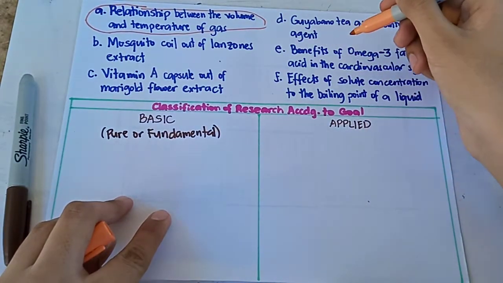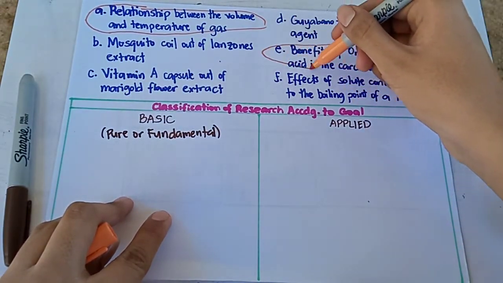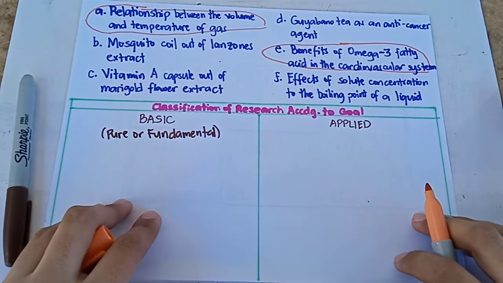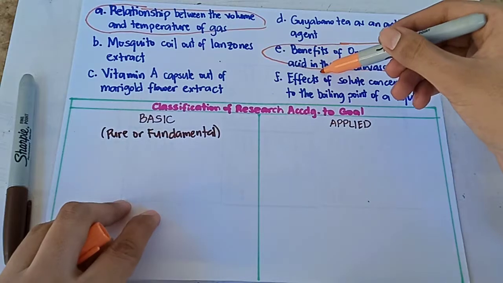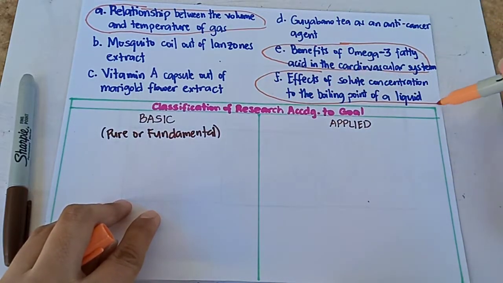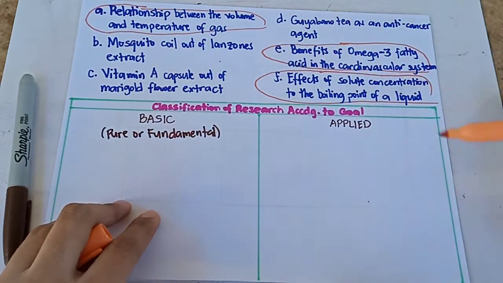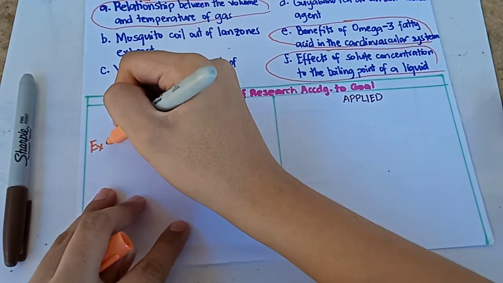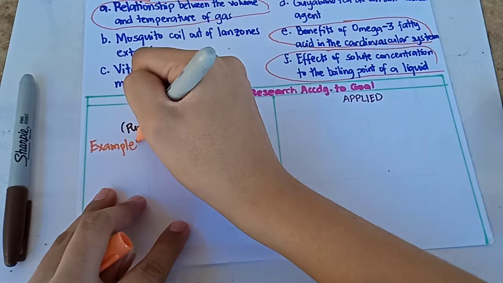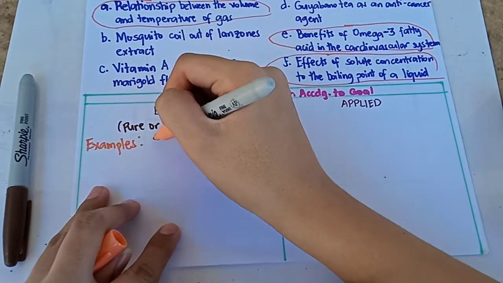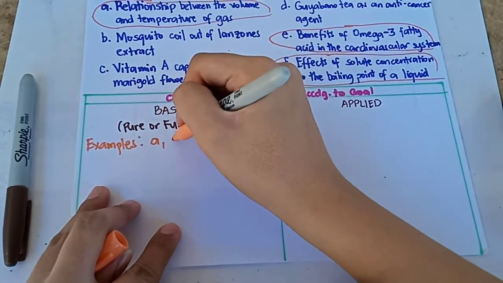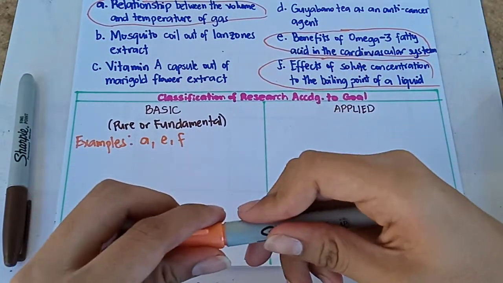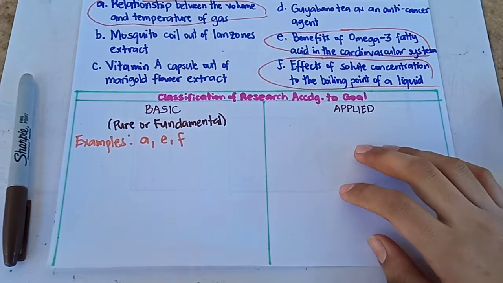Next, the benefits of omega-3 fatty acid in the cardiovascular system. And last, the effects of solute concentration to the boiling point of a liquid. So, the examples of basic research are the concepts A, E, and F. Those are the examples under basic research.